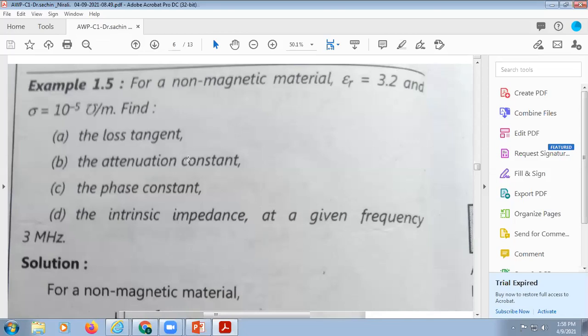You need to find these four parameters: loss tangent, that is tan theta; attenuation constant, alpha; phase constant, beta; and intrinsic impedance, eta; at the frequency of 3 megahertz.